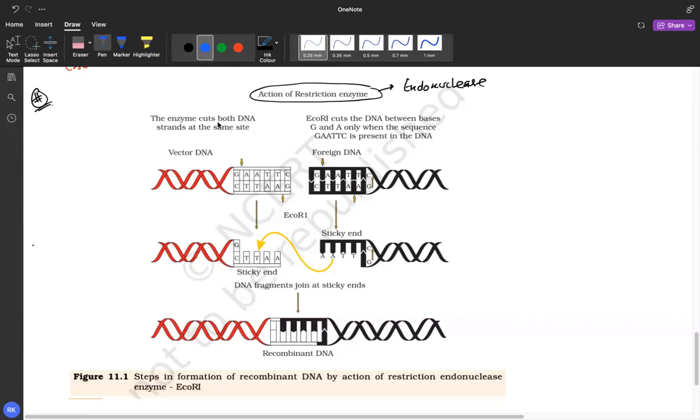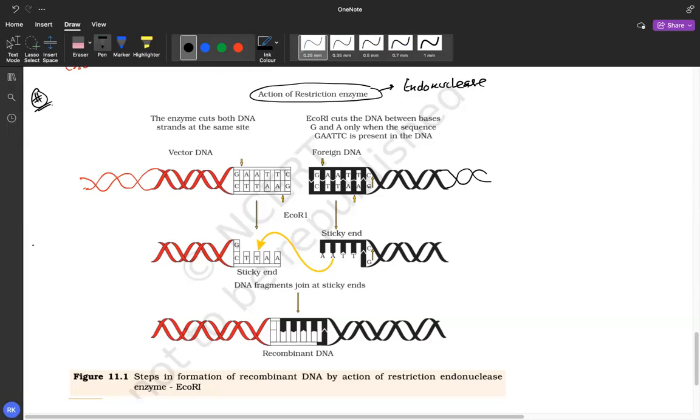Now, just pay attention. The enzyme basically cuts both DNA strands at the same site and at the same time. So this is your vector DNA and this is your foreign DNA that you want to insert. Imagine this is a part of a circular plasmid and this black thing is what you want to insert.